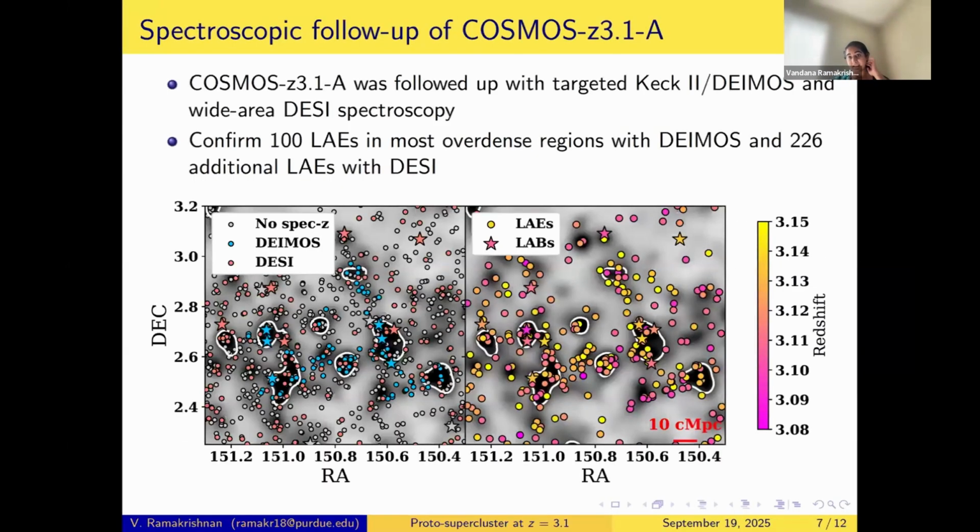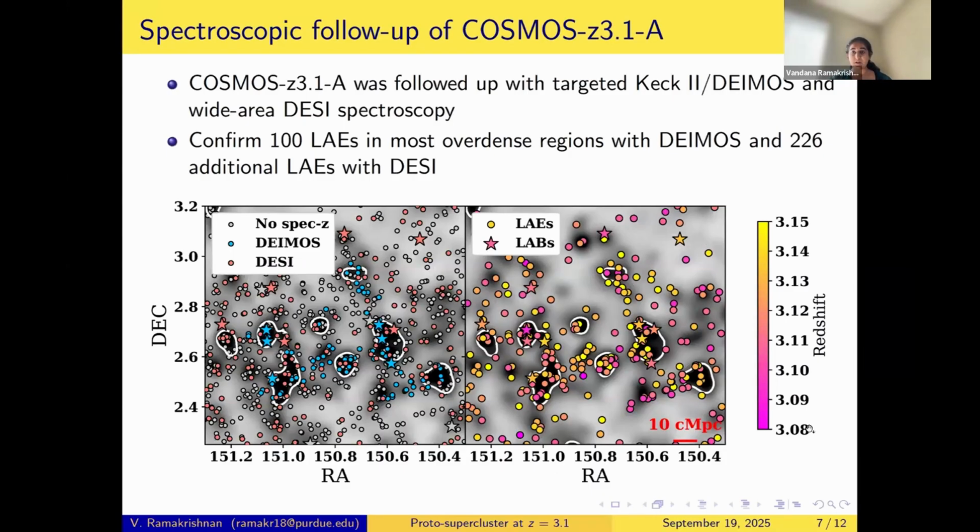So we've undertaken systematic follow-up of this extremely extended complex, COSMOS Z3.1a. We've confirmed more than 300 LAEs in that region through a combination of targeted Keck DEIMOS spectroscopy and wide area DESI spectroscopy. And you can see these confirmed sources in the right panel of the figure.